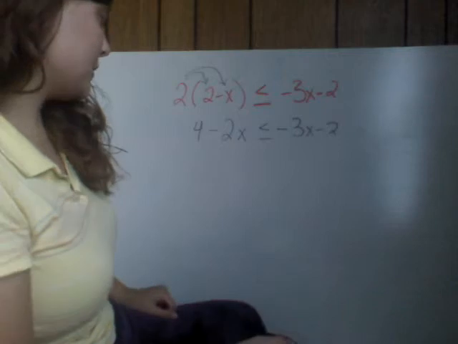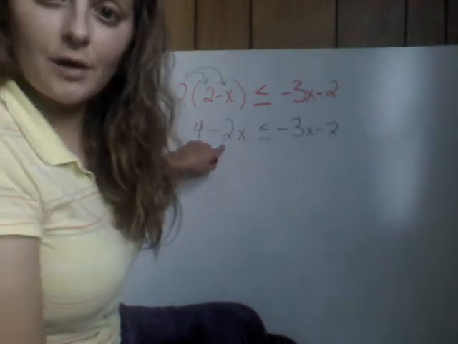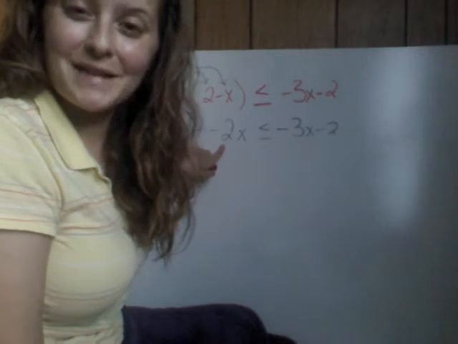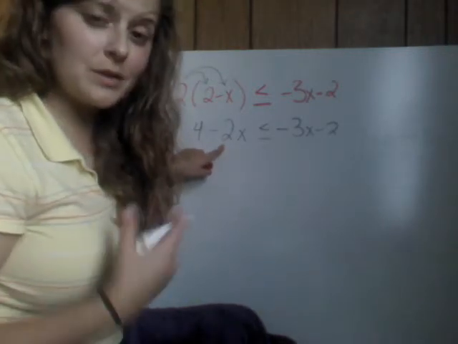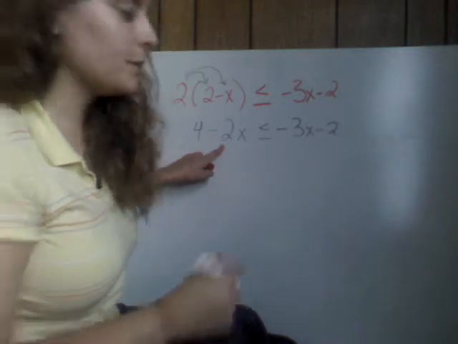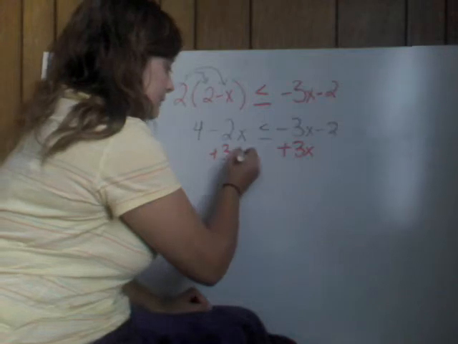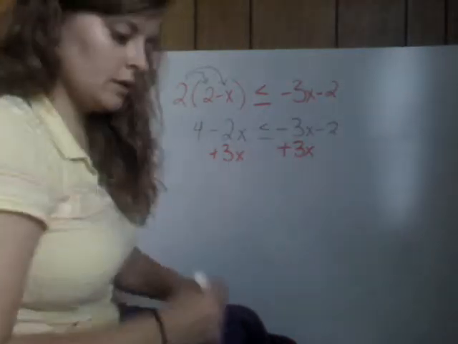If I bring the 3x over here, it'll make it a positive number. And I like positive numbers, especially when it comes to my variables. It's always better to have a positive number with your variable. So I'm going to add 3x to both sides. Next color.